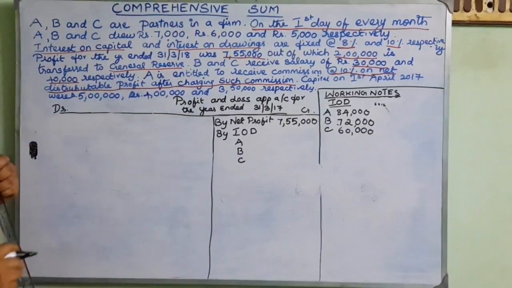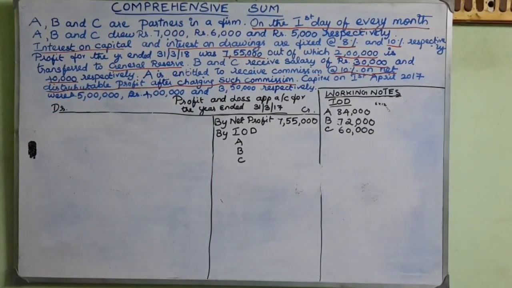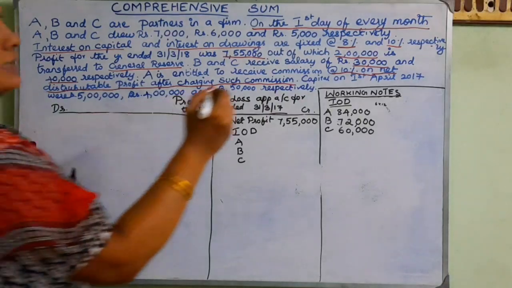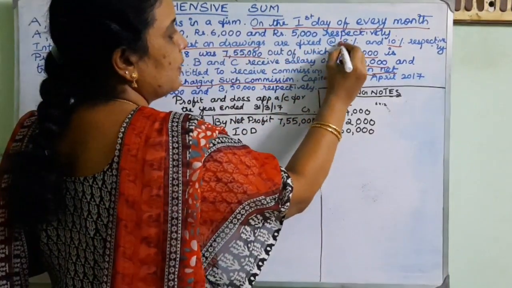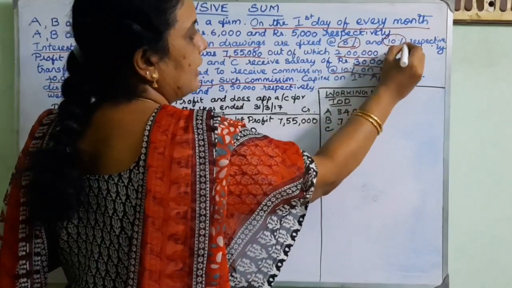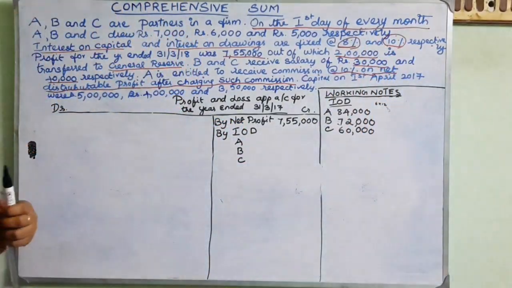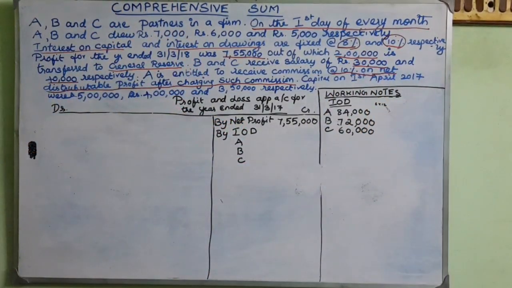Children, now you may have a doubt, and this is very important, why I have circled this. The interest on capital and interest on drawing is fixed at 8% and 10% respectively. Is the word per annum given? No, per annum is not given. If the word per annum is given, then we have to do it on the average period method.